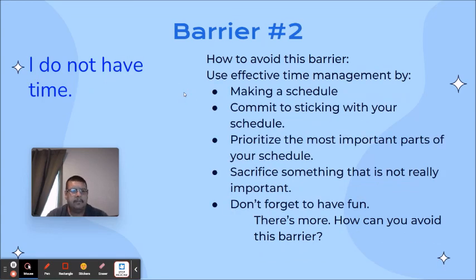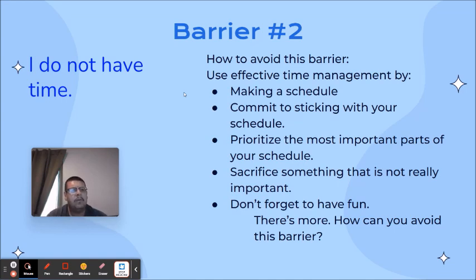This is another barrier: I do not have time. Let's say you set a goal and you wanted to achieve it by going to the gym or going to the park and running around the park 3 days a week for 30 minutes. But then life gets in the way, which means that you go home and you are already really stressed because you still have to do homework, you have to do chores at home, you have to go to church, you have to go to your parents' job or whatever the case is.